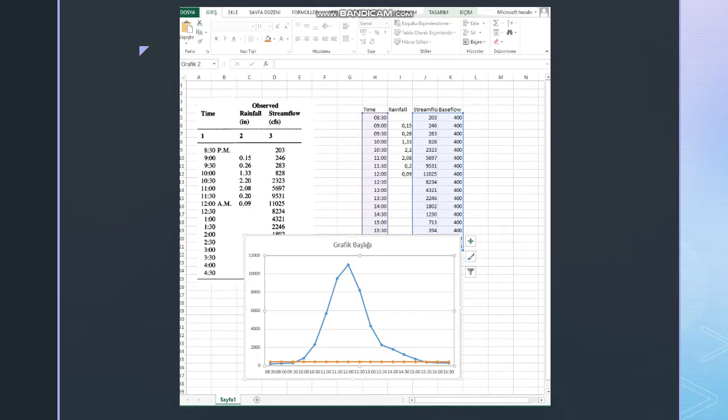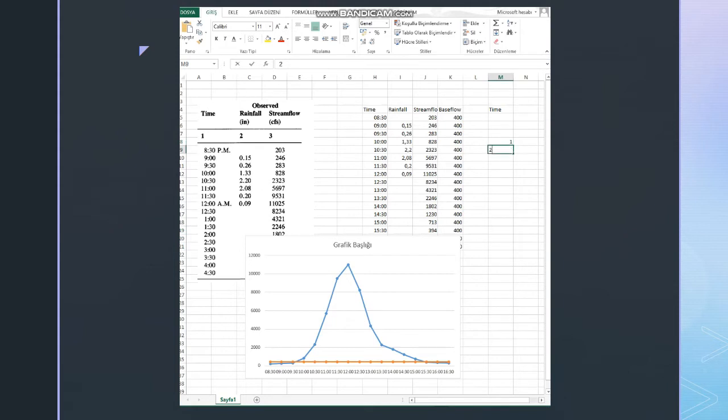So if we know that 400 cubic feet per second is our base flow, then after 400 the direct runoff starts to occur. So let's say the direct runoff hydrograph. First of all, our time interval from here until below 400 has no direct runoff.